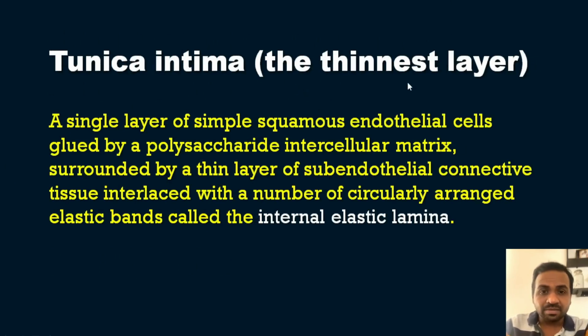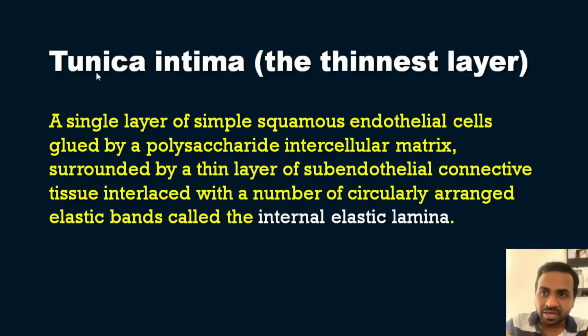Tunica intima is the thinnest layer of the blood vessel, and it is a single layer of simple squamous endothelial cells glued by a polysaccharide intercellular matrix, which is surrounded by a thin layer of subendothelial connective tissue interlaced with a number of circularly arranged elastic bands called the internal elastic lamina.